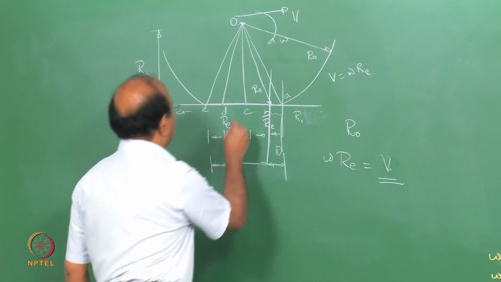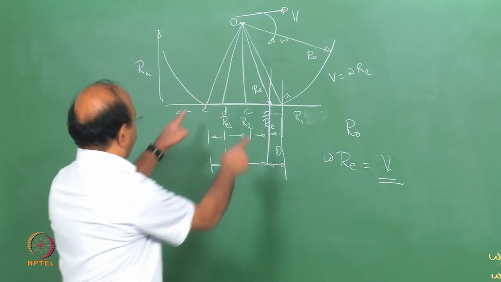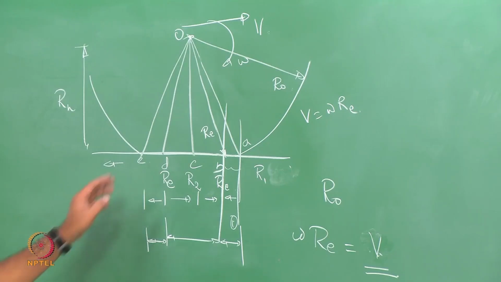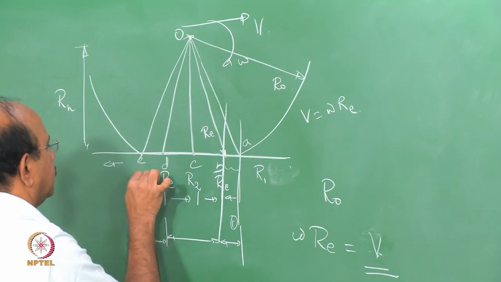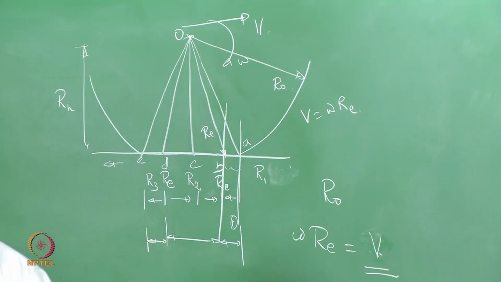Between the two, the radius is R2, again a function of the length S. In the last region it is R3, also a function of S.